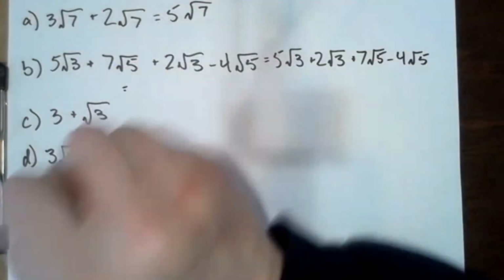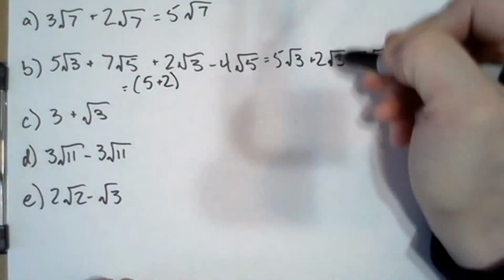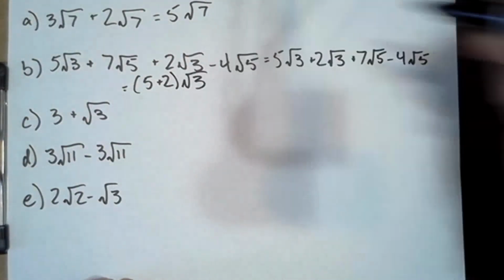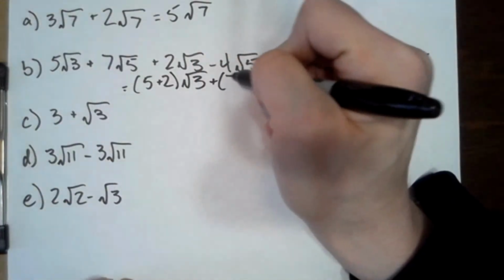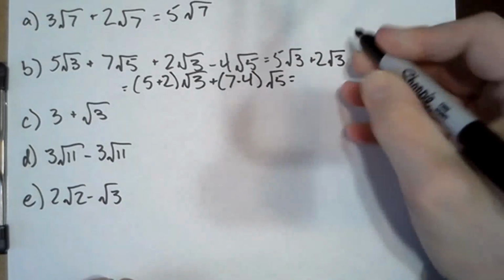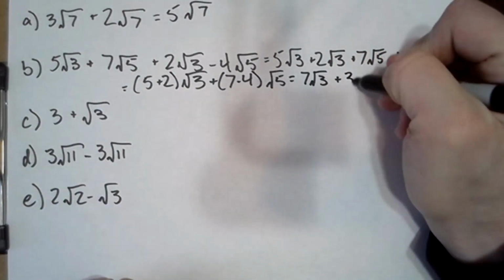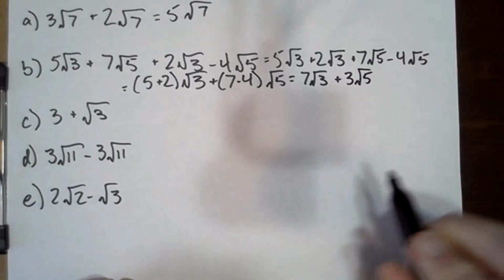And then I can say, well, that's 5 plus 2 times the square root of 3 plus 7 minus 4 times the square root of 5, which gives me 7 times the square root of 3 plus 3 times the square root of 5.